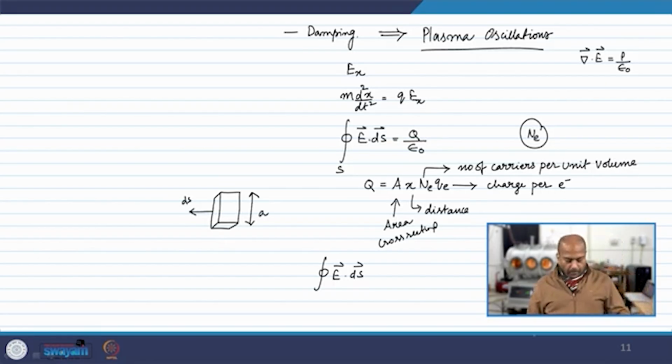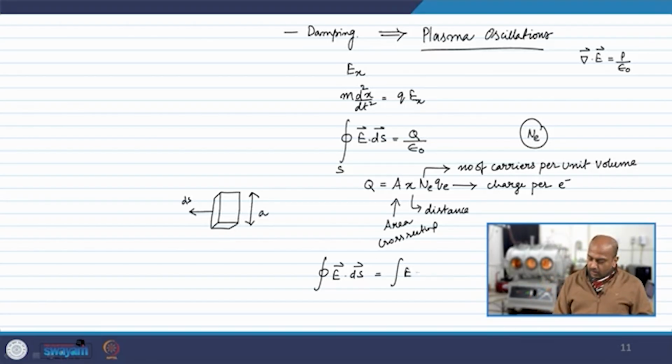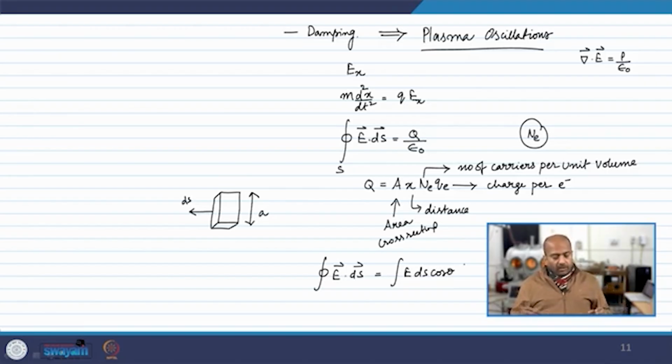E dot ds is E ds cos theta. So, the direction of the area element is defined perpendicular to the area at the point on the surface, right. This is a simple thing, we know all these things.